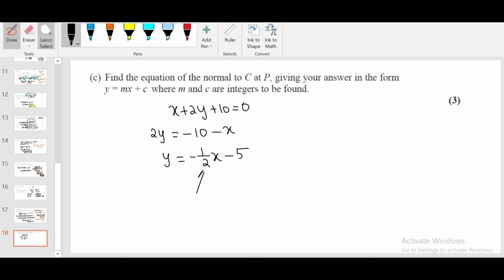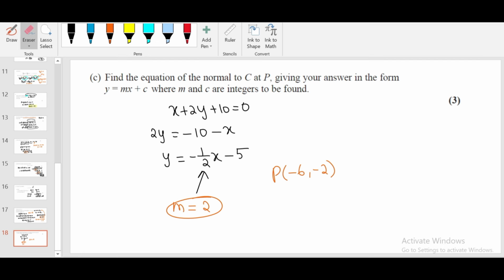The slope here is minus half. So the slope of the normal, the perpendicular line, will be negative reciprocal, positive 2. So the line is y is equal to, you have a slope, you have a point we got from the previous part. So we can write the equation of the normal as y minus y1 is equal to slope times x minus x1.